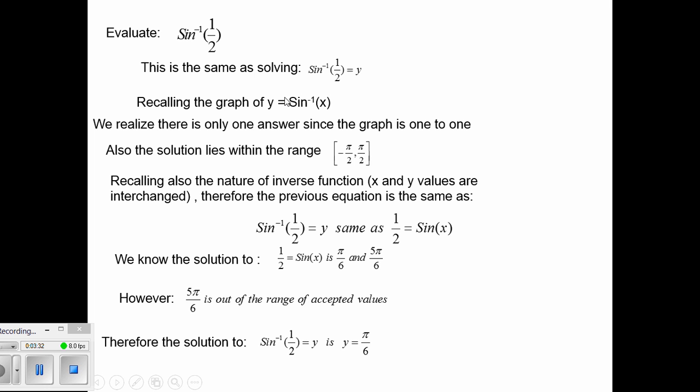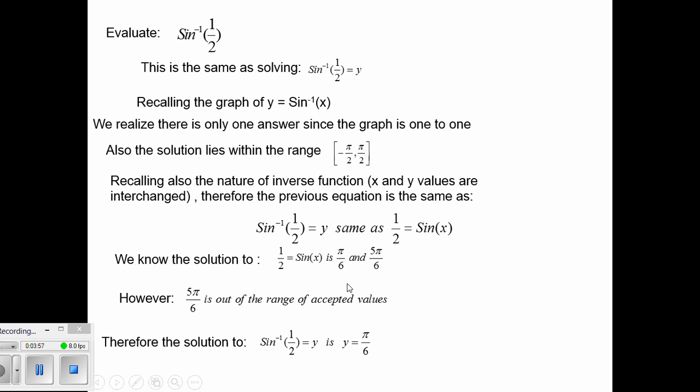But the original question was with the inverse sine, and the inverse sine, as we recall from our graph, is 1 to 1. So we can only take the value of pi over 6, because this value of 5 pi over 6 is outside of our range of negative pi over 2 to pi over 2.